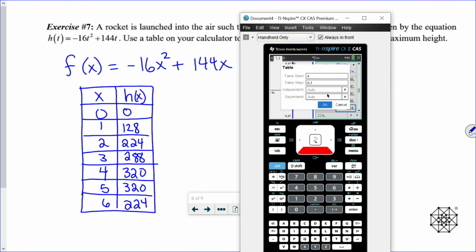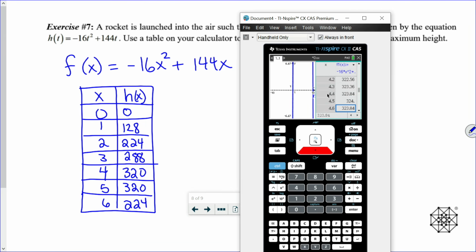Okay, enter. And now look at my table. Right now my table has 4, 320, 4.1, 321.44, 4.2, 322.56. So we can see that those heights are continuing to go up until I hit 4.5 seconds.